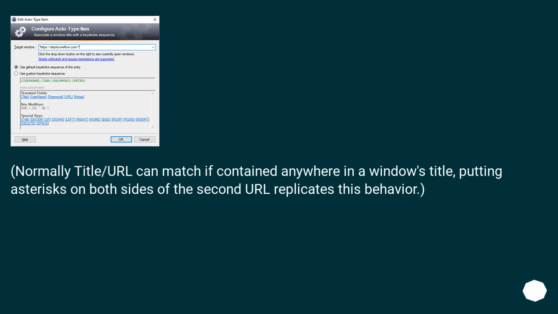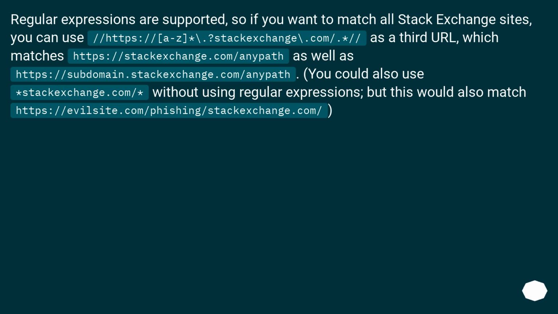Normally title/URL can match if contained anywhere in a window title. Putting asterisks on both sides of the second URL replicates this behavior. Regular expressions are supported, so if you want to match all Stack Exchange sites, you can use //https://.*\.stackexchange.com/.*/ as a third URL, which matches https://stackexchange.com/anypath, as well as https://subdomain.stackexchange.com/anypath.